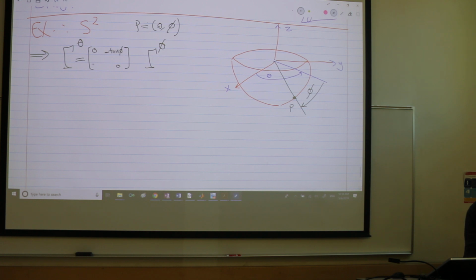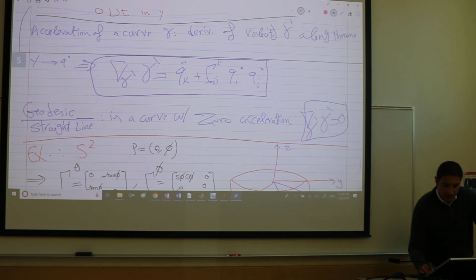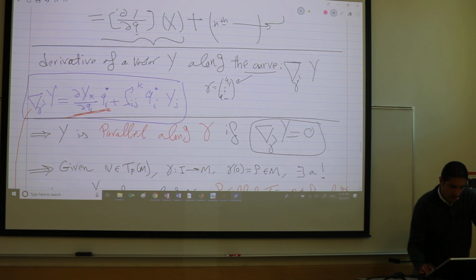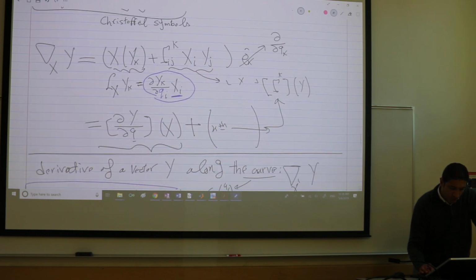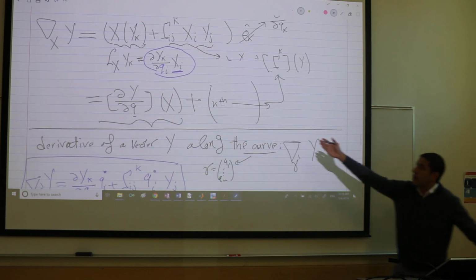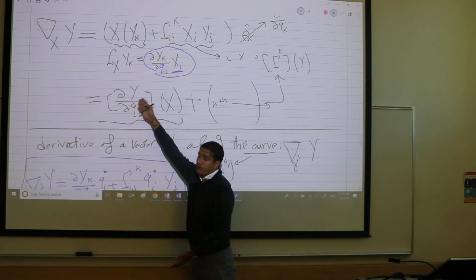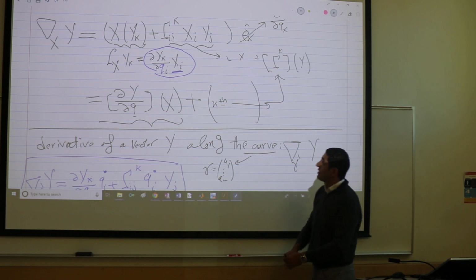This is negative tan phi, and here is sine phi cosine phi, 0, 0, 0. Okay? As you can see from the derivative, please look at the derivative. This is very important because I will test you on this. There are going to be homework problems giving you gammas, for example, and asking you to compute the derivative of x or of y with respect to x.